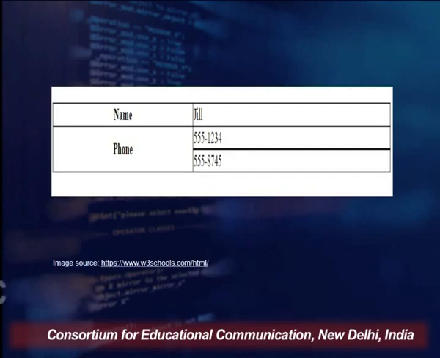The first row comprises 2 elements, one is the table header name and another one is a table data. In the second row we have phone, which is spanning over 2 rows, and 1 table data, and in the third row we just have 1 table data.